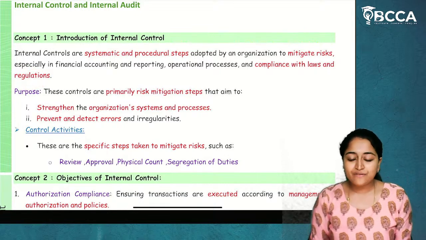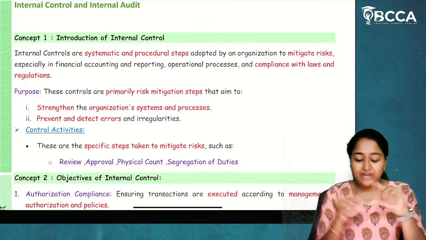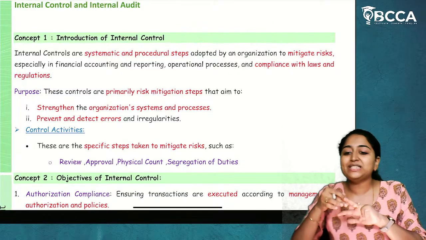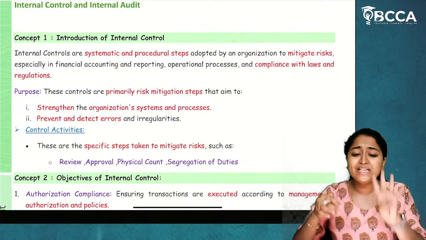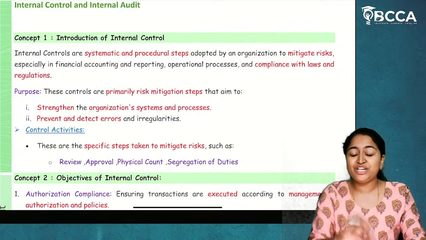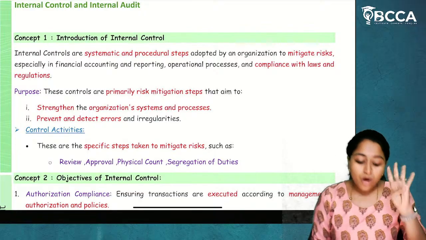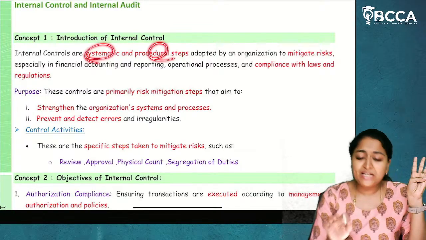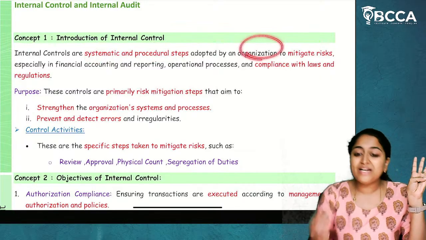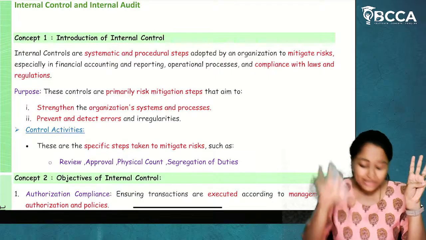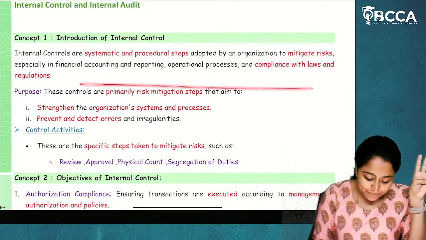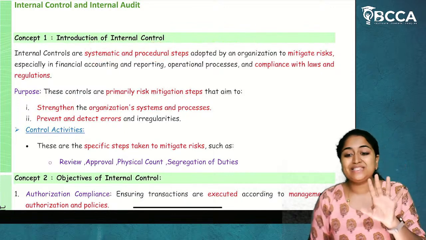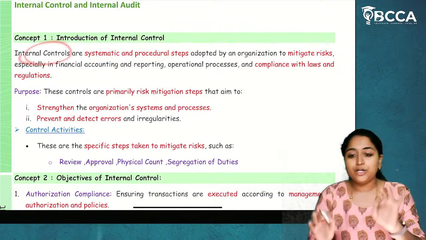So what all do we have? We have financial aspects, costing aspects, operational processes, and compliance requirements. In all these four, whatever policies and procedures or systematic and procedural steps the organization adopts to reduce the risk in these four aspects are called internal controls.